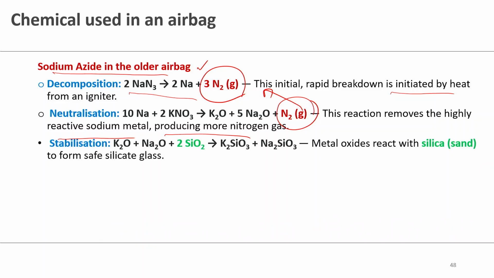And stabilization is there, where metal oxide reacts with silica sand to form a safe silicate glass. So, this metal oxide which is created here, with the silica sand, will form a safe silicate glass.